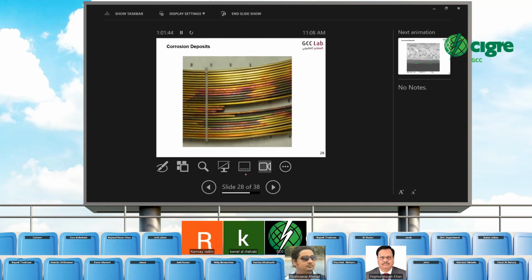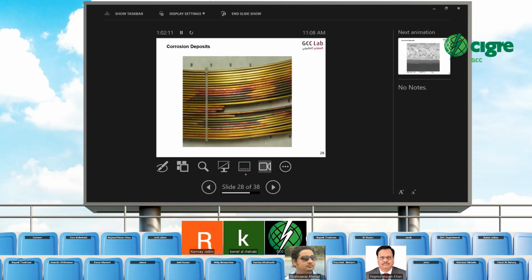Now the problem is that some of the faults in transformers are due to corrosion deposit. Where can corrosion deposit come from? We did research on this with King Fahd University and with Linnaeus University in Sweden.